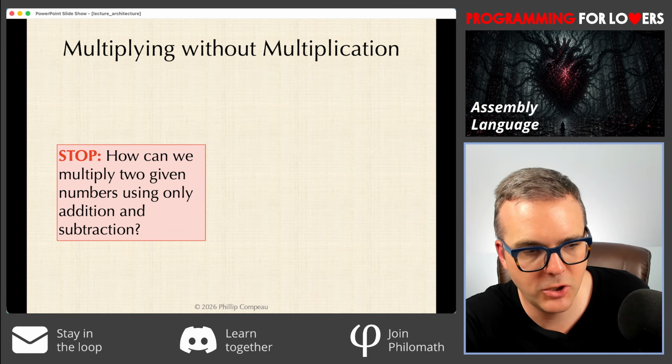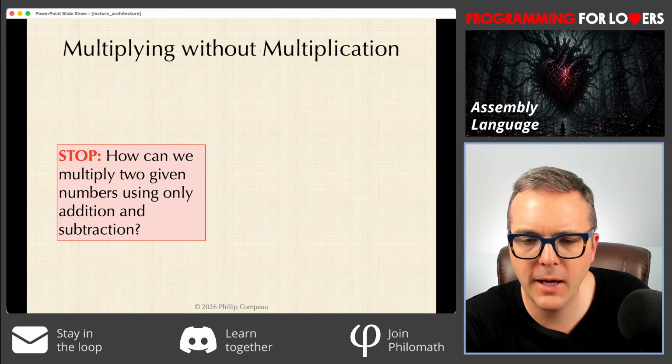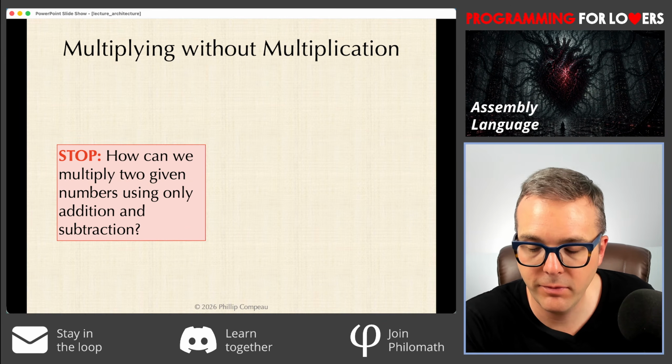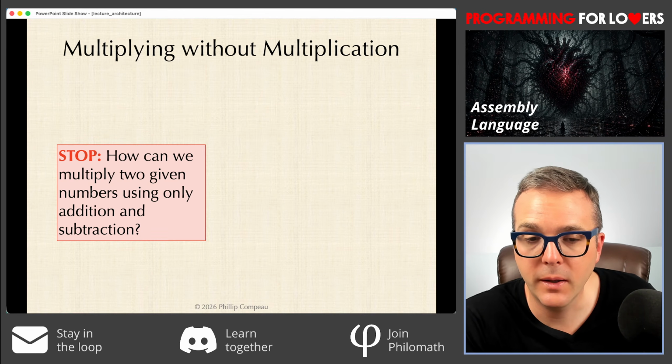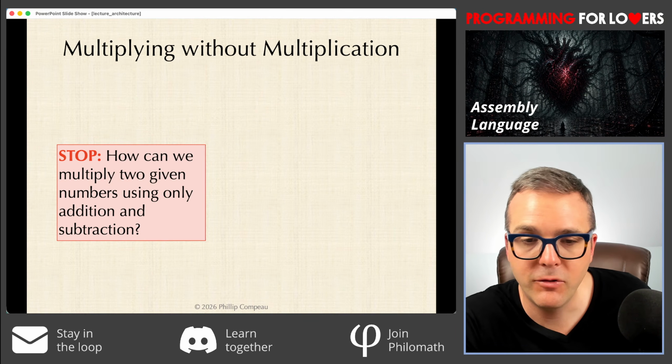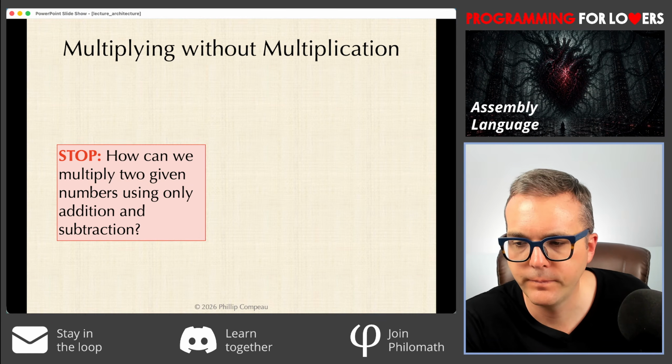Got it? Good job. What does that mean? Well, it means if I want to multiply 3 times 5, what I'm really doing is adding 5 to itself 3 times, or adding 3 to itself 5 times.